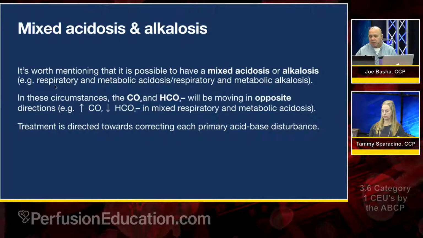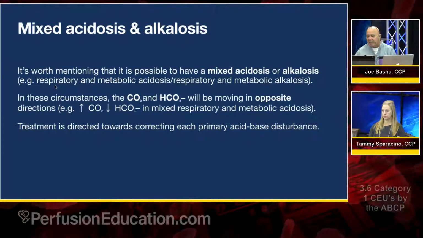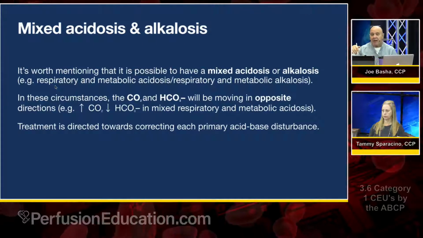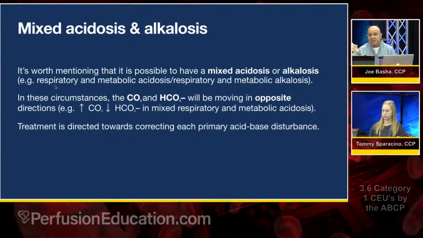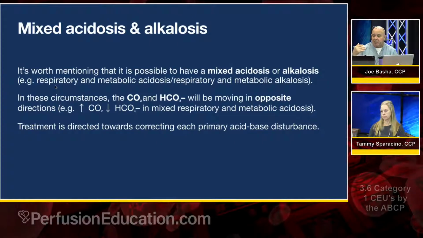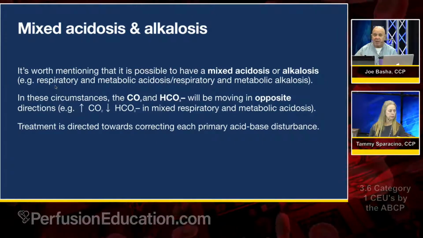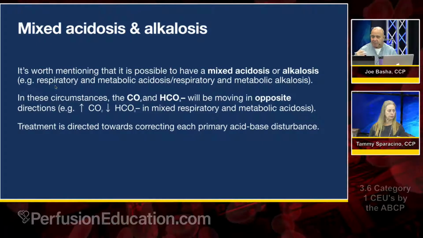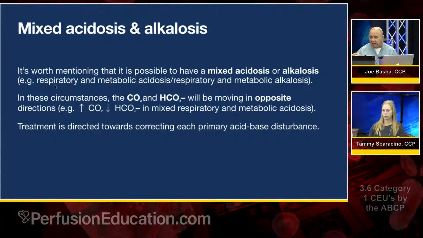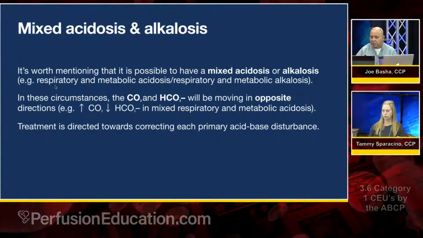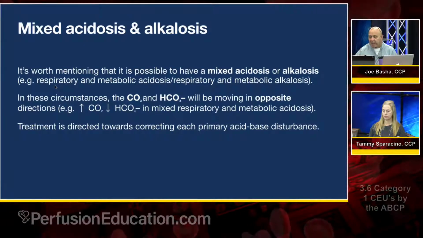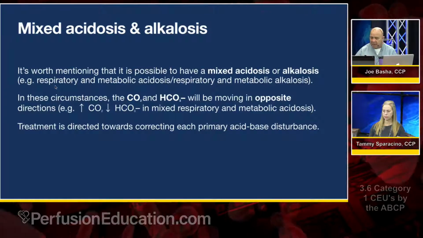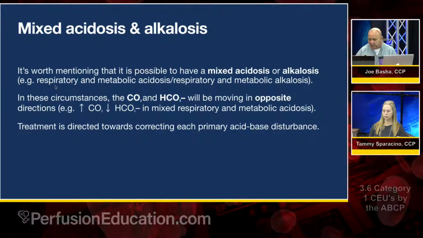In mixed respiratory and metabolic acidosis, the CO2 going up makes the pH go down, and the bicarb going down makes the pH go down. So this is a bad situation because you have two forces now driving the pH down. This is a mixed respiratory and metabolic acidosis. Right, so it's both being acidosis, not one being acidosis and one being alkalosis.